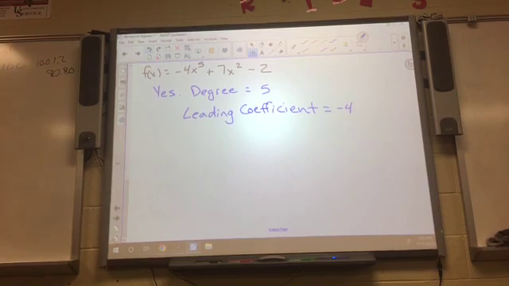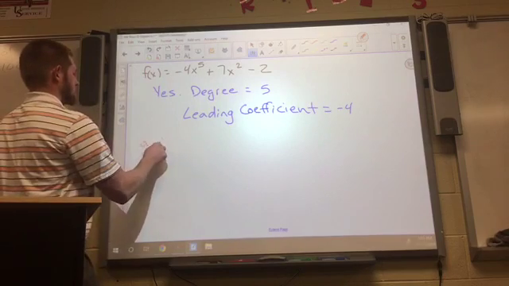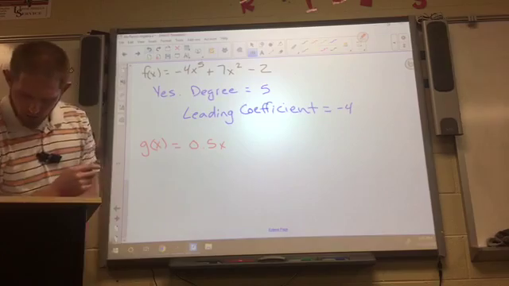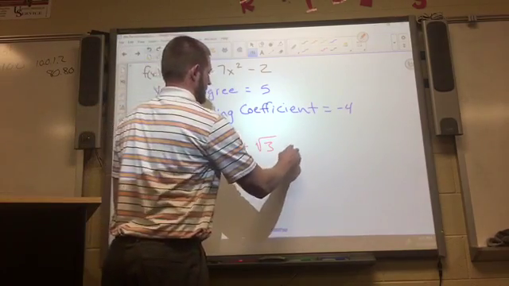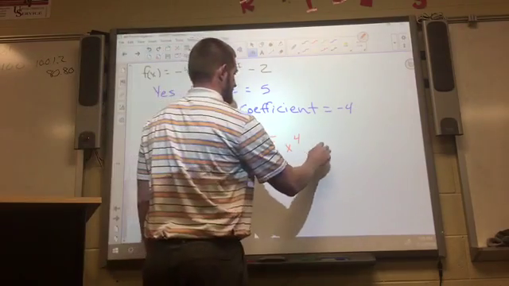The next one, give me g of x, 0.5x squared plus the square root of 3 x to the 4th plus 19.